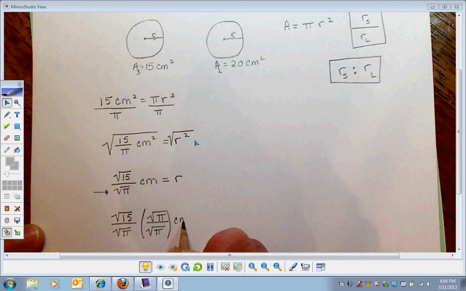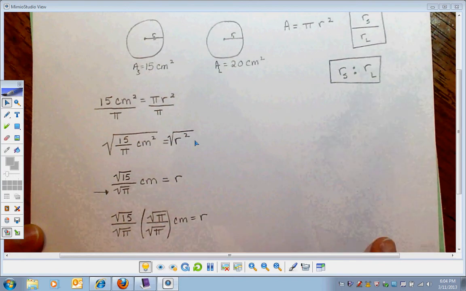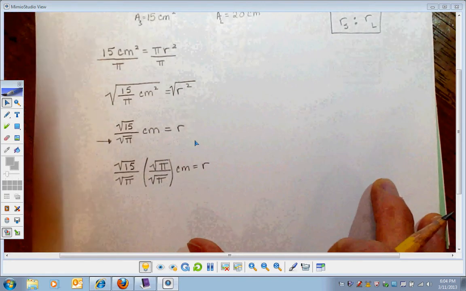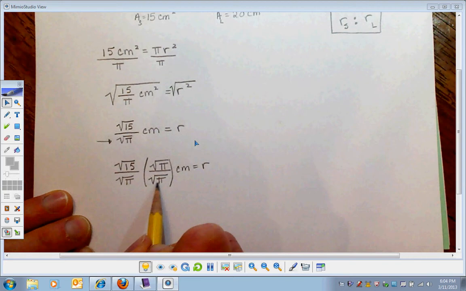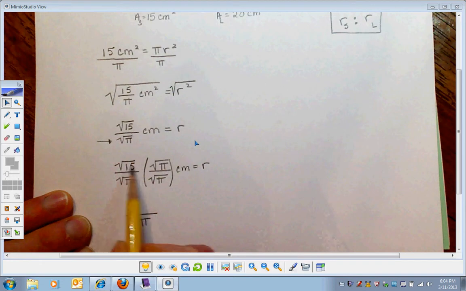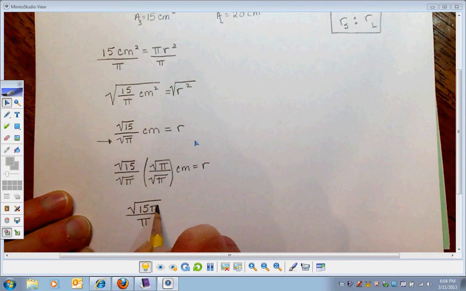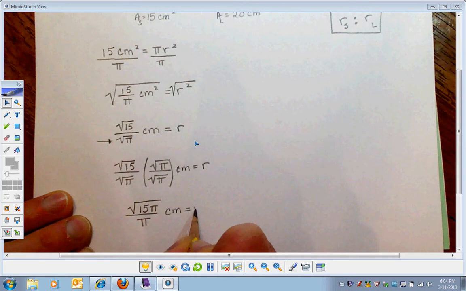And I can bring down my centimeters and my radius because that's what I'm solving for. So this in the denominator just becomes pi. And because both of these are the same radical, it's the same as the square root of 15 times pi, so I'm just going to keep that square root of 15 pi centimeters, and that's equal to my radius short.